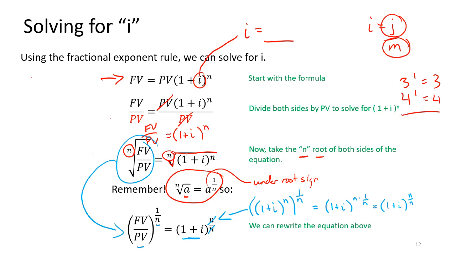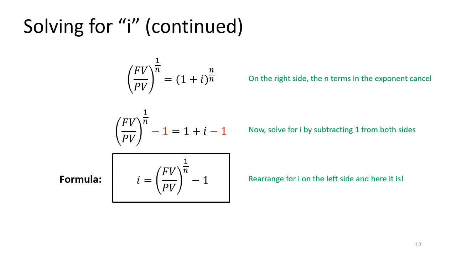So we can simplify that right-hand side, and it just becomes 1 plus I. So now we have 1 plus I on one side, and on the left-hand side we have future value divided by present value to the exponent 1 divided by n.